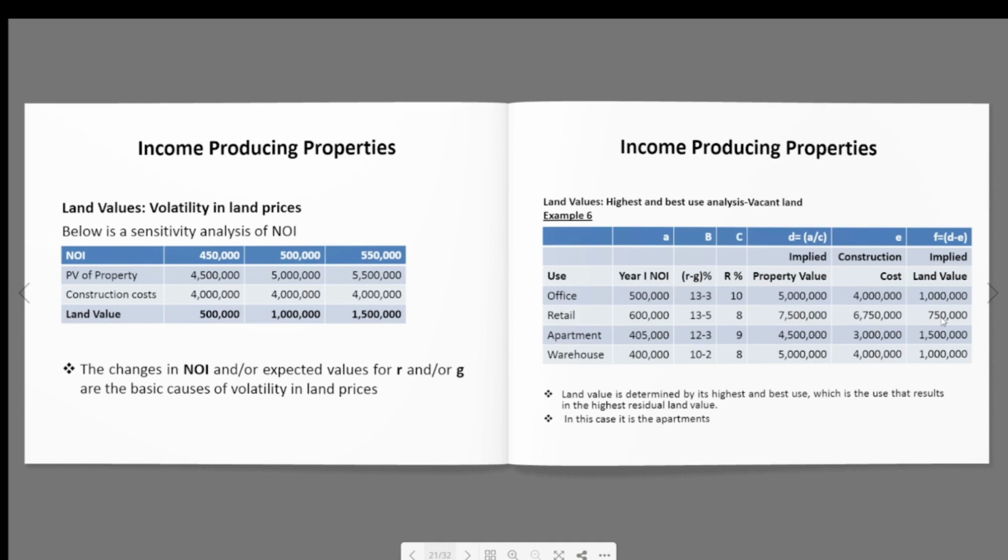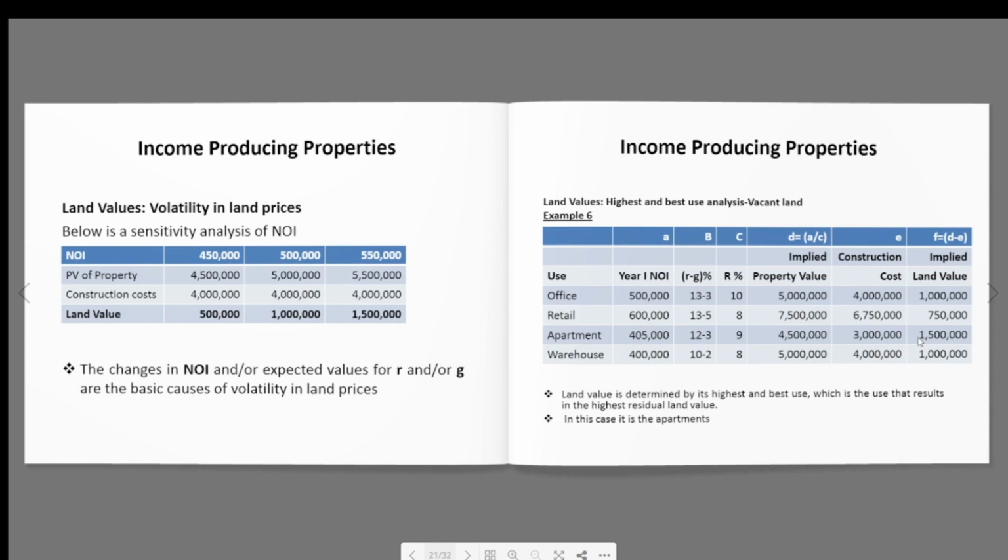So land value is determined by its highest and best use, which is the use that results in the highest residual land value. In this case, the highest residual land value is the apartment, which gives us a land value of 1.5 million shillings.